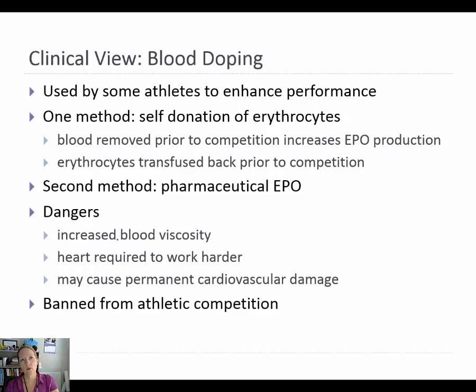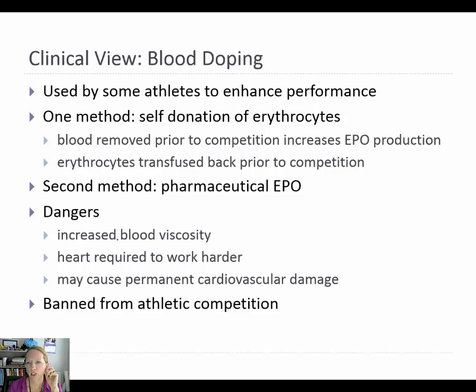But right before the competition, they'll put those erythrocytes right back in. So they are going to have a lot more erythrocytes than they used to. And again, more erythrocytes means more oxygen, which means more endurance, because their body's able to keep on with aerobic respiration and not have to go to anaerobic respiration.